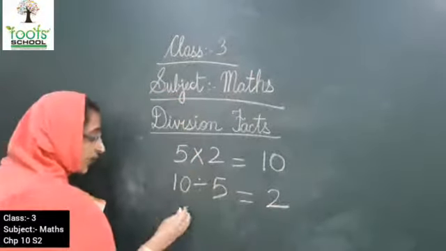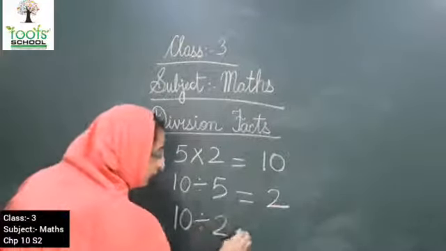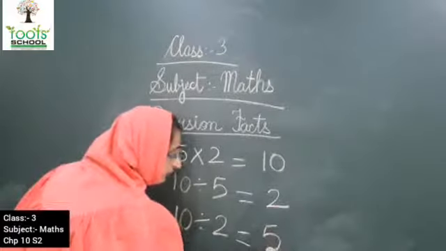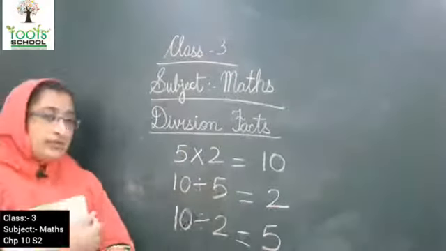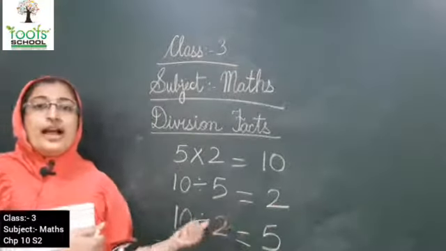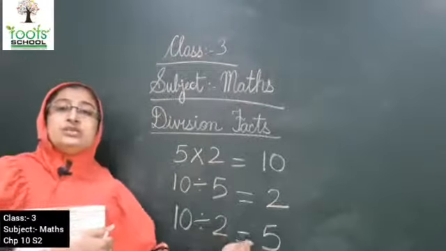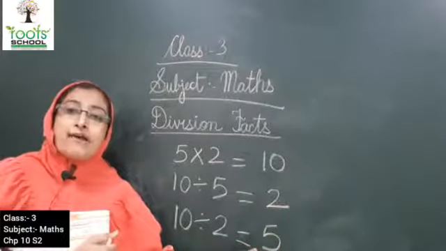And if we divide 10 by 2, what will you get? 5. See, if you divide 10 by 5, you will get 2. And if you divide 10 by 2, the quotient is going to be 5.